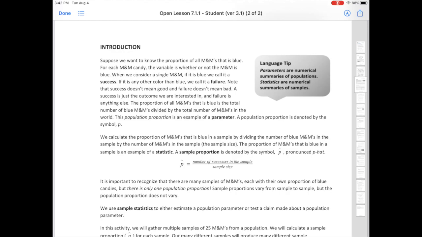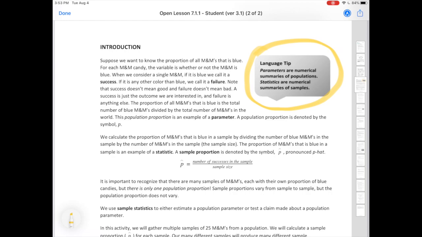The proportion of all M&Ms that is blue is the total number of blue M&Ms divided by the total number of M&Ms in the world. This population proportion is an example of a parameter. A population proportion is denoted by the symbol P. So it helps us to look in this box right here.